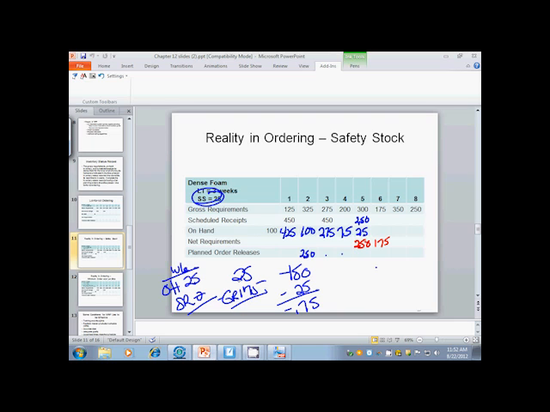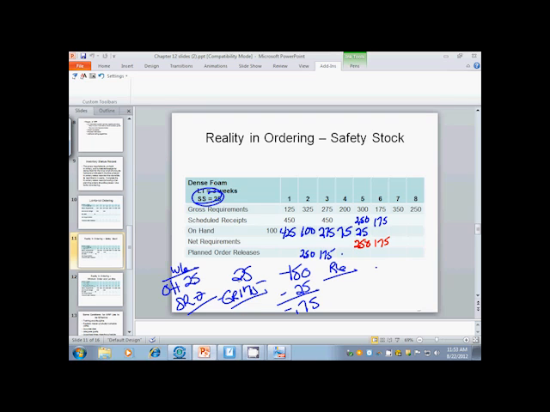Because of my lead time being 3 weeks, I better order 3 weeks in advance, or in week 3, order 175 units. If I order 175 units in week 3, when will I get them in? 3 weeks later. In week 6, I should get in 175 units. If not, check your supplier, something's wrong.